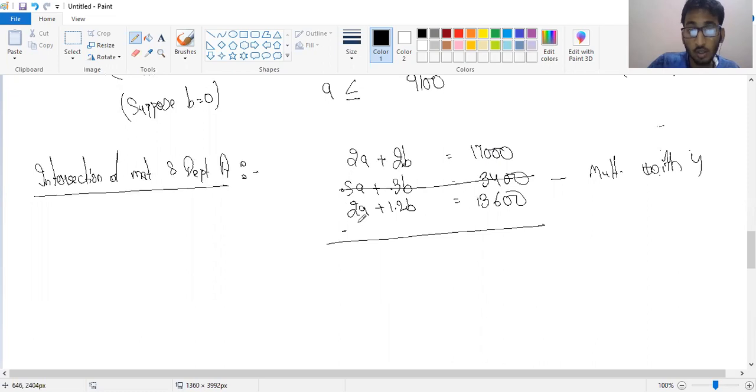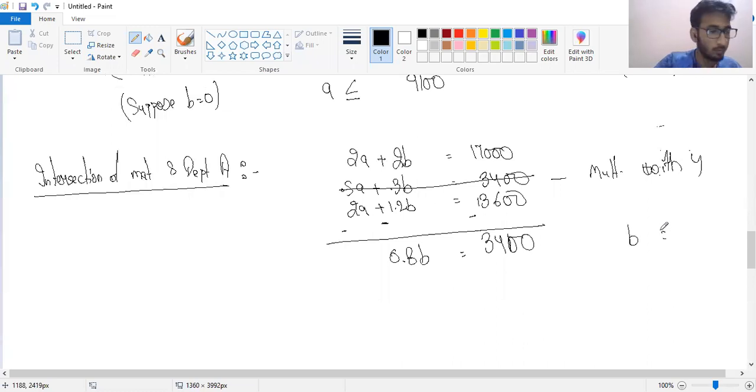Now you can change the sign of everything. If you change the sign of the second equation, it would be minus 2A, and change the sign here as well. So it would be 0.8B equal to 3400.